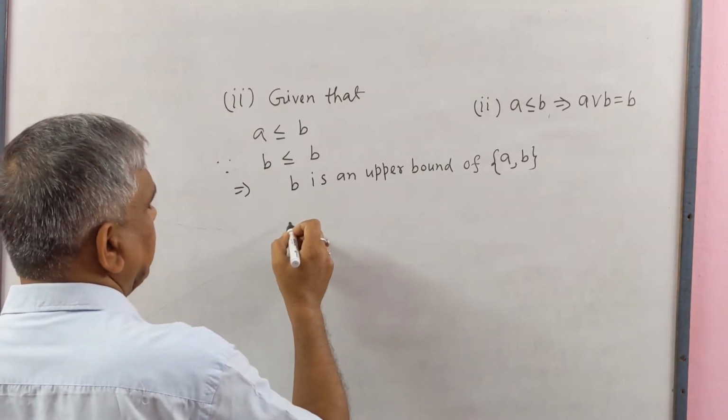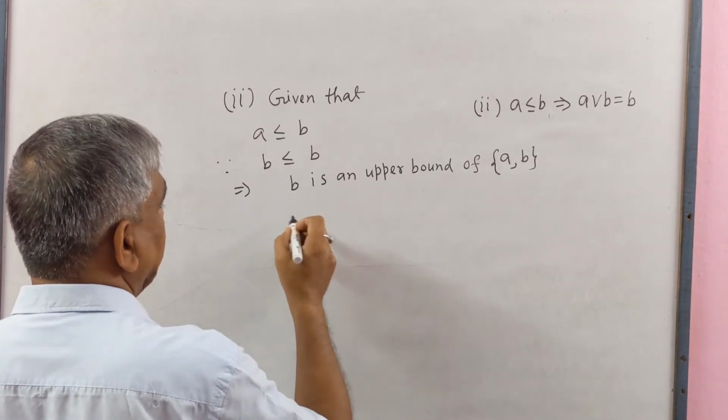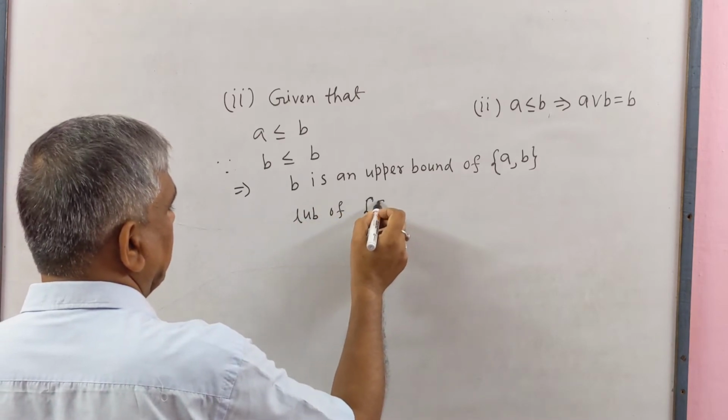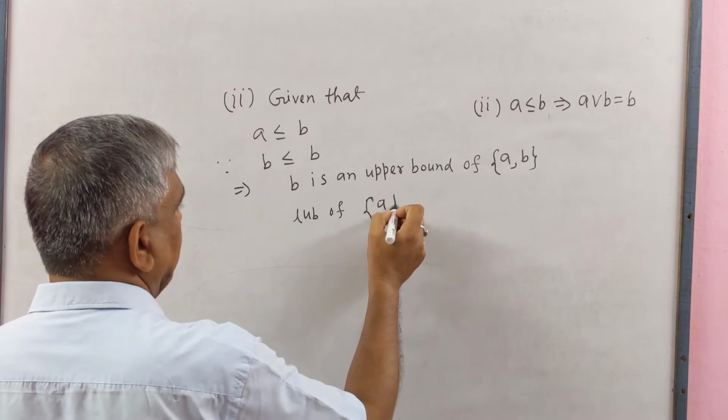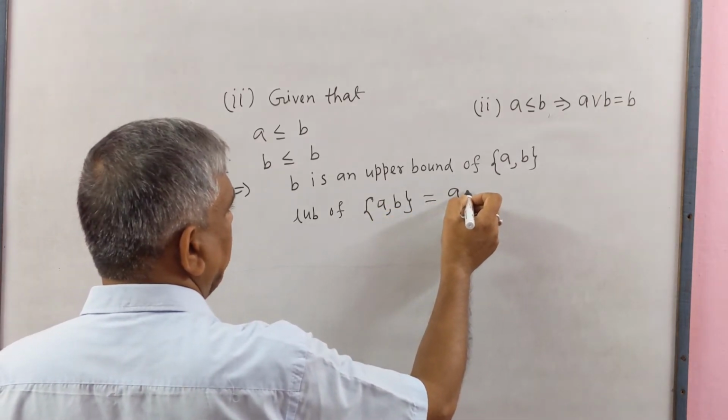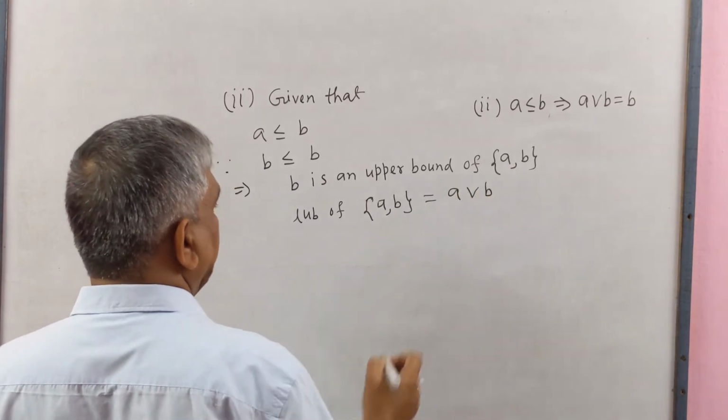We know that least upper bound of the set containing elements A and B equal to A join B.